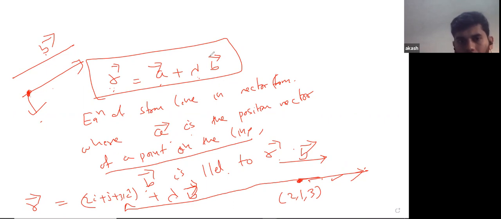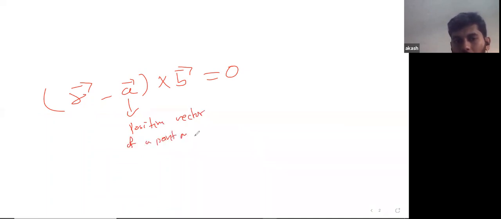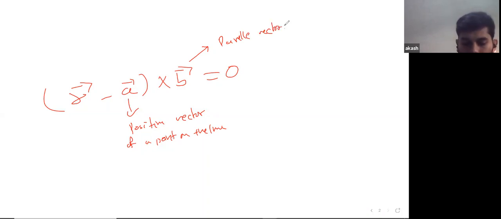You can write it like this also: R minus A cross B equals 0. This is also another form of the same thing. A is the position vector of the point on the line, and B is the parallel vector.